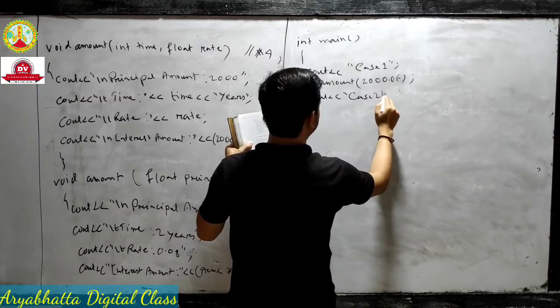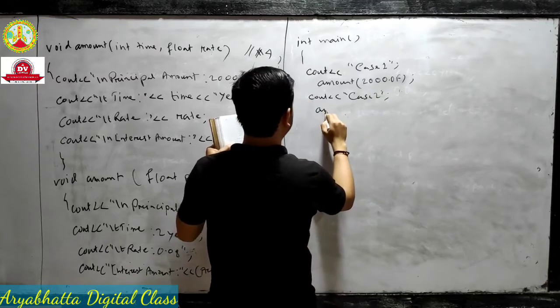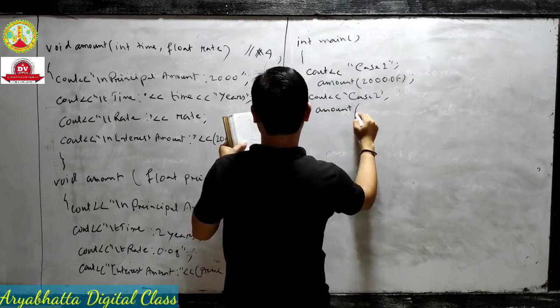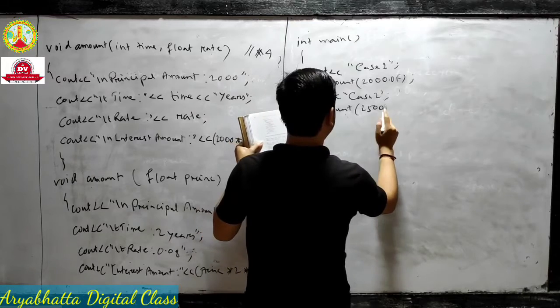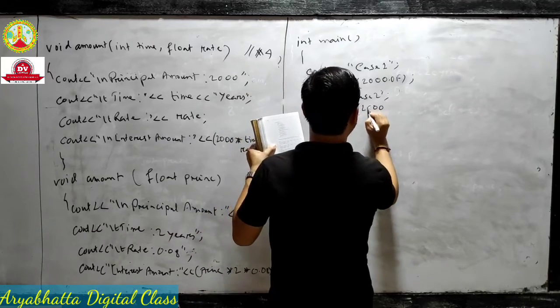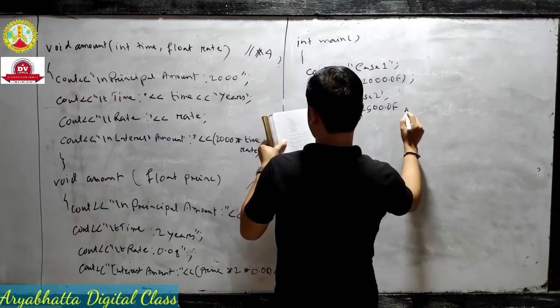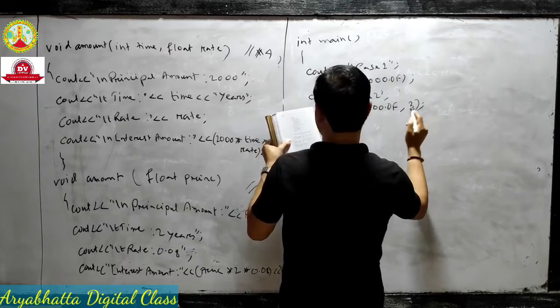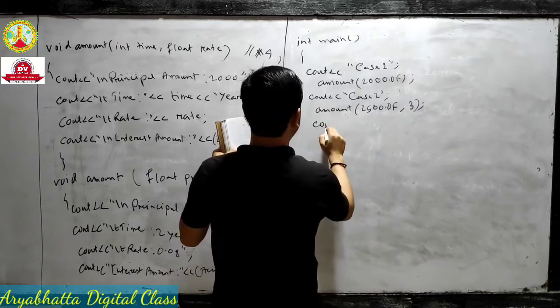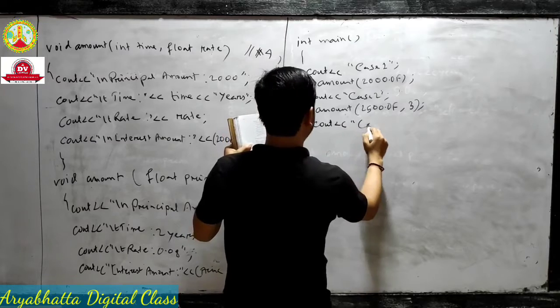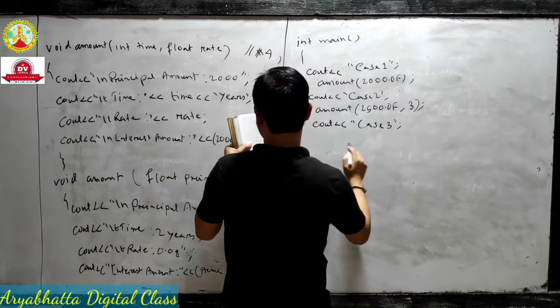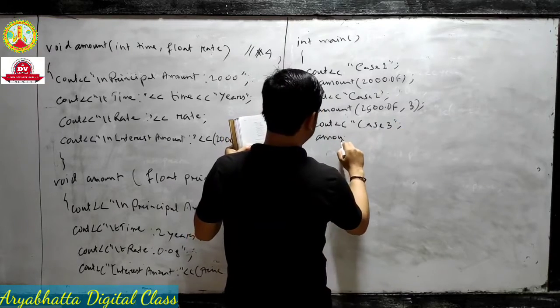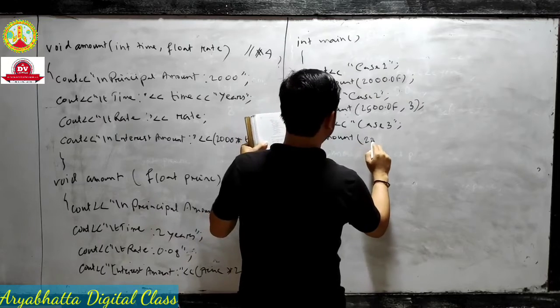Second is case 2, amount 2500f and 3/4 time, and third is case 3, amount.